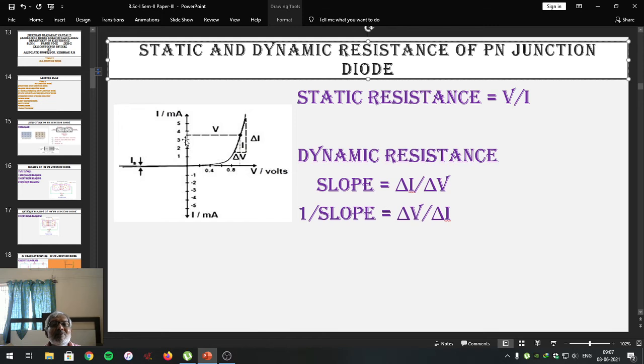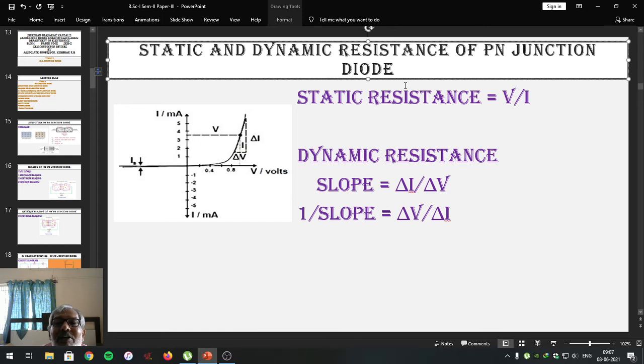Note down the forward current and forward voltage and take their ratio. Here the voltage is 0.7 and the current is 3.5.